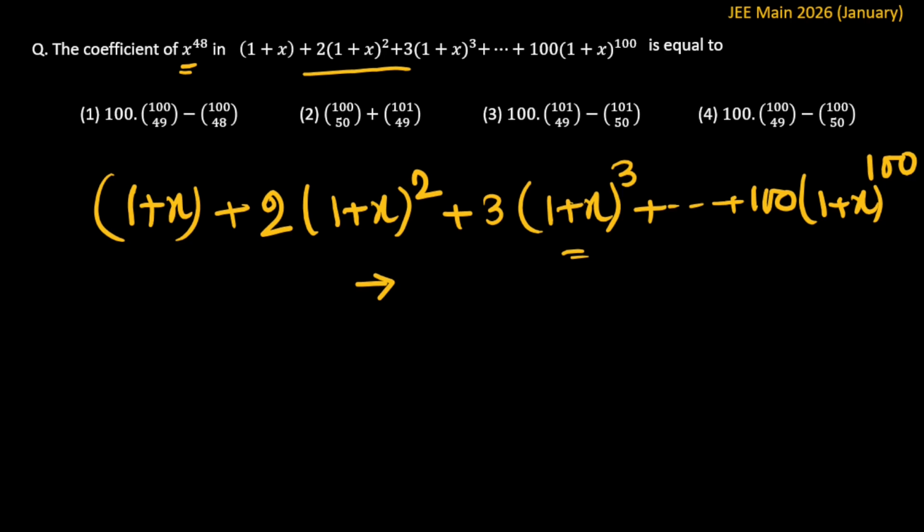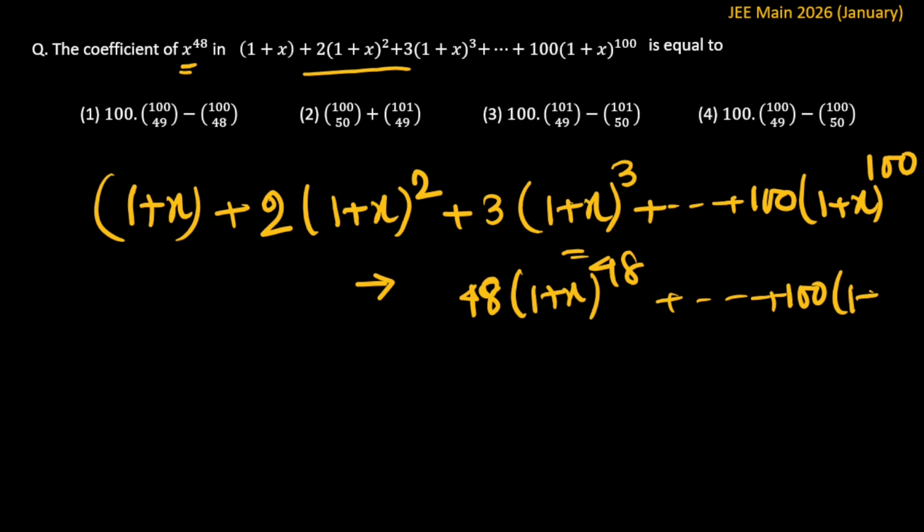If we try to find the coefficient of x^48 in each term, it is very difficult. We would start with 48(1 + x)^48 up to 100(1 + x)^100, from here to the end. It is very difficult to find the coefficient of x^48 in each of the terms.